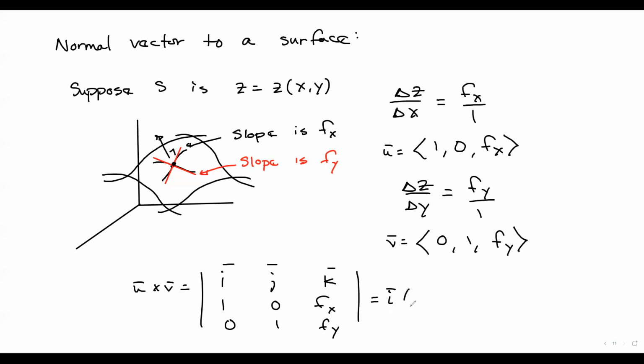This is i times negative partial with respect to x minus j times partial with respect to y plus k times 1.